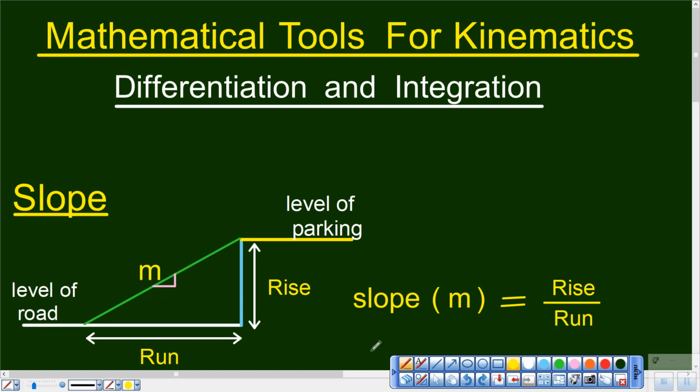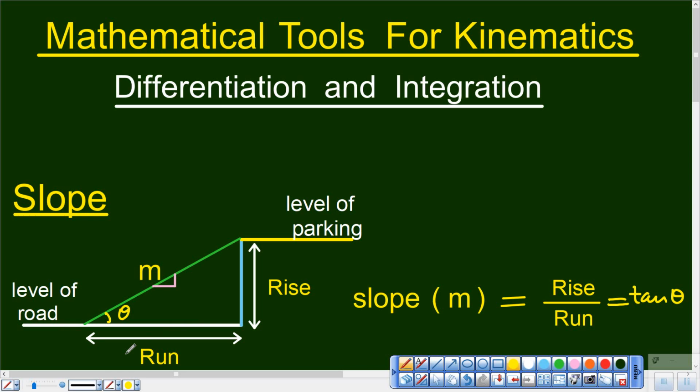Can you see that if this angle which the structure makes with the road is theta, then rise upon run is nothing but perpendicular upon base, which you know from trigonometry is tan theta. So slope can also be interpreted as tan theta, and theta is the angle that the structure is making with the horizontal road.